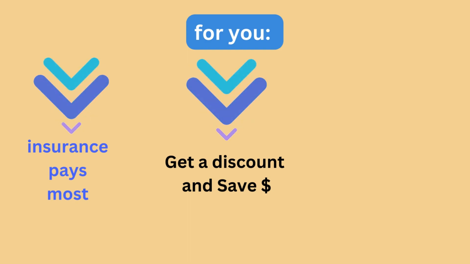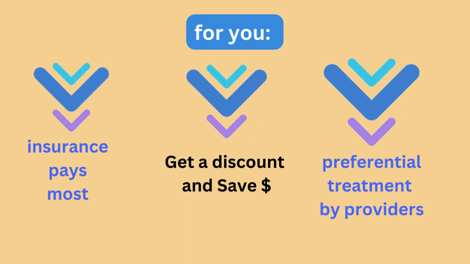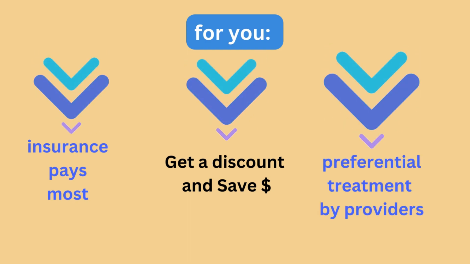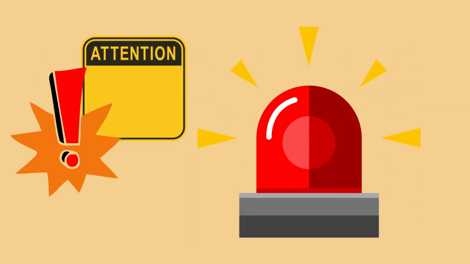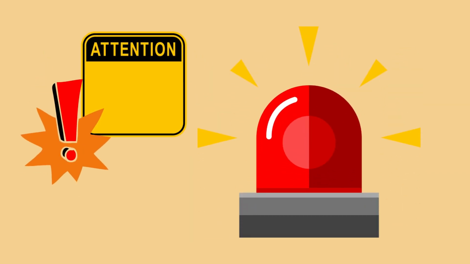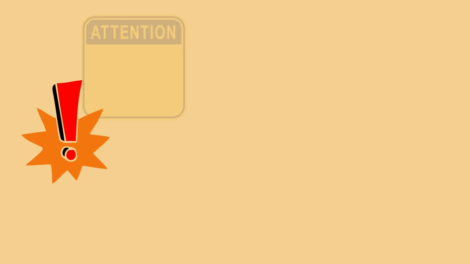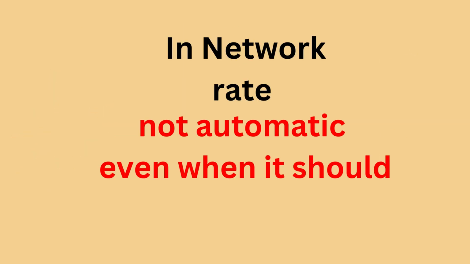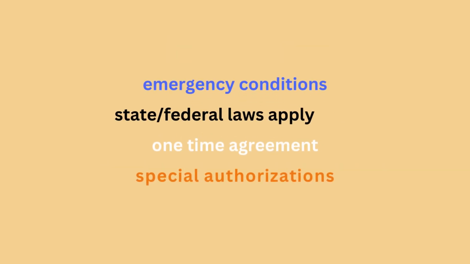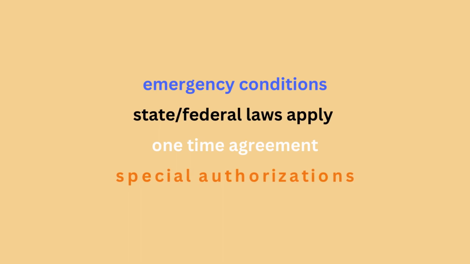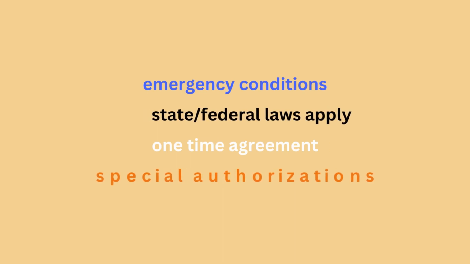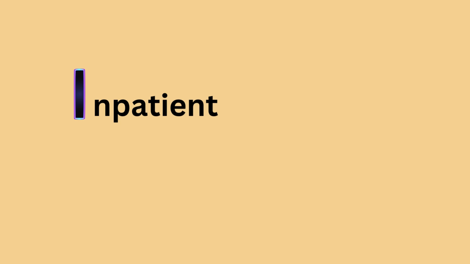But also, providers will open the door more promptly for you. Now, a word of caution. Getting the in-network rate when the provider is out of network is not automatic, even though it should be in certain cases. For example, emergency, some state laws, one-time agreement, or special authorizations.